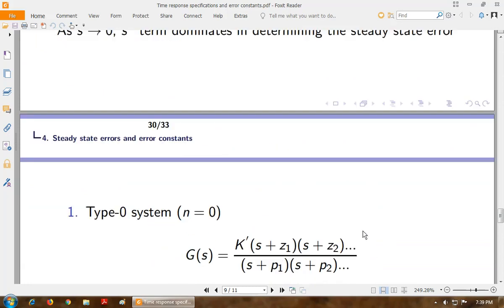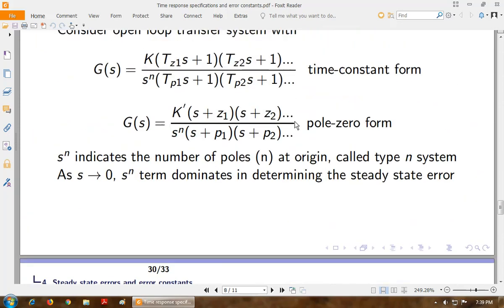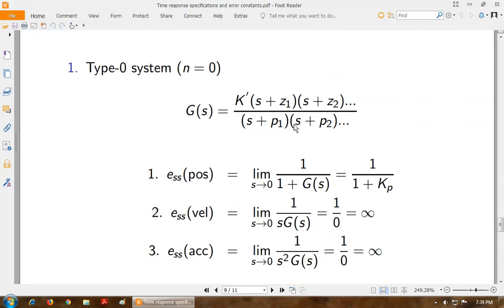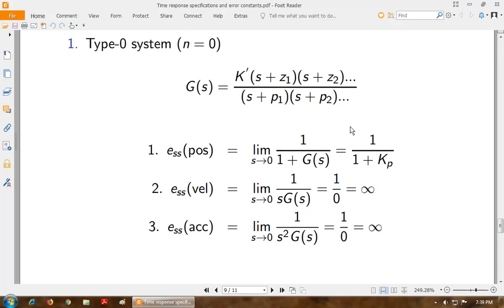So let's see now the type 0 system and the corresponding steady state errors. When it is a type 0 system, there will be no power of s, and so this will be the transfer function in the pole zero form. Substituting all these values here, because we know what the Gs is, and this Gs equation is taken into all the steady state errors and corresponding equations.